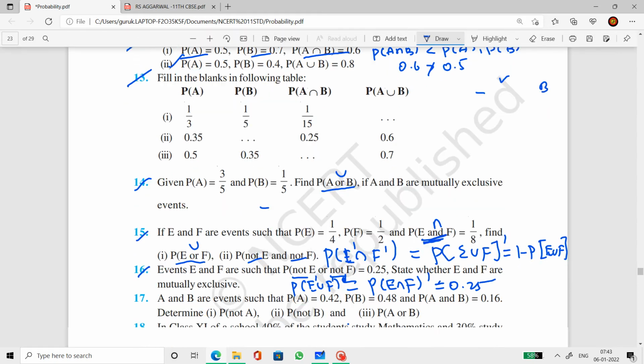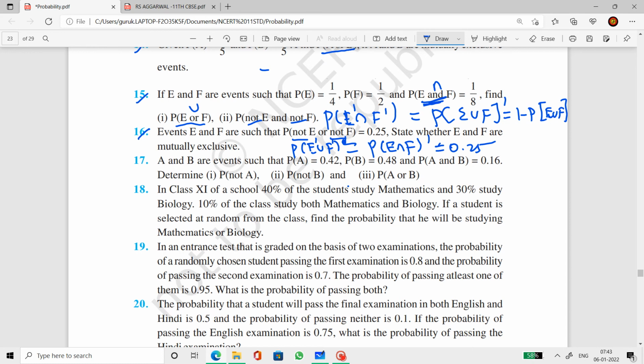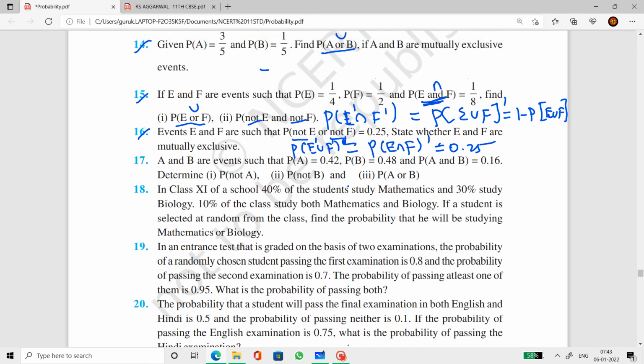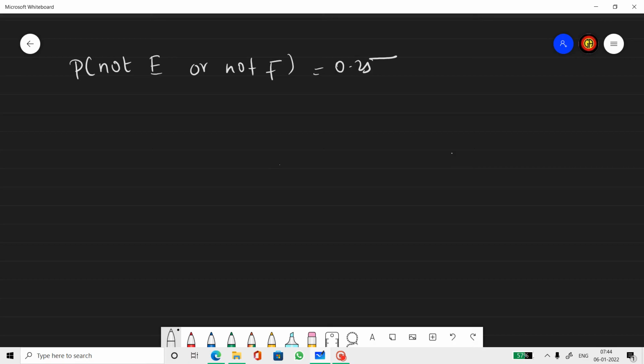And we have to show whether it is independent or not. Not E or not F is 0.25.